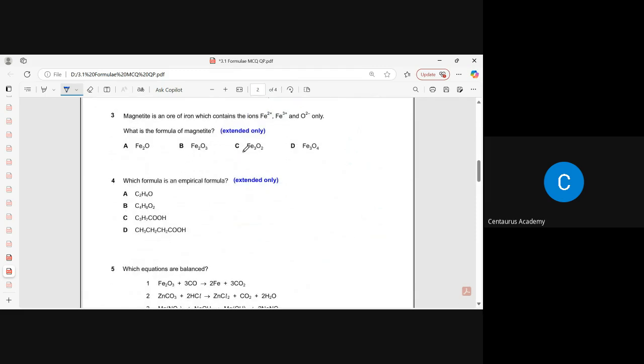Magnetite is an ore of iron which contains iron 2 plus, 3 plus, and O2 minus only. What is the formula of magnetite?